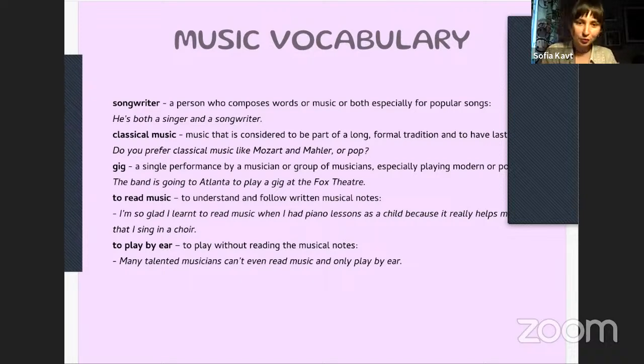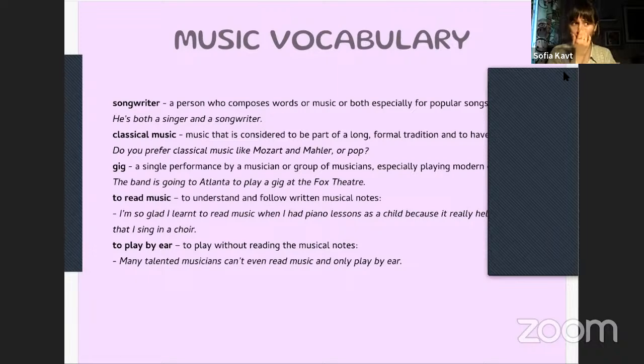Then classical music, pretty much everyone knows what this is. It is music that is considered to be part of a long formal tradition. It is believed to have lasting artistic value. The main thing about this one is not to say classic music.